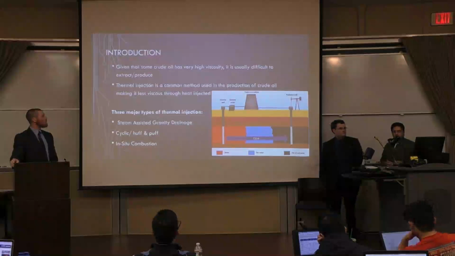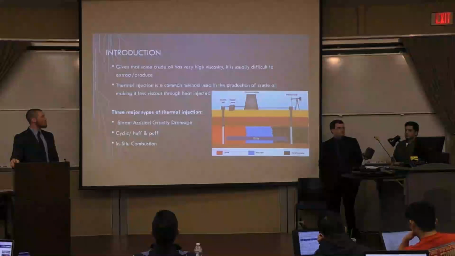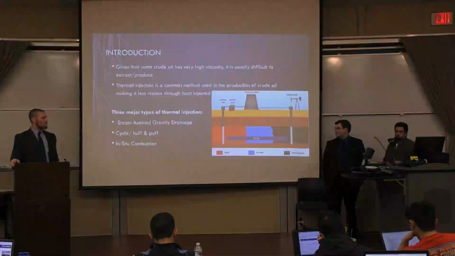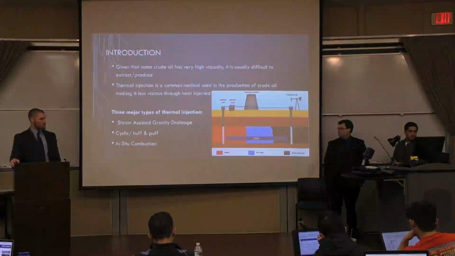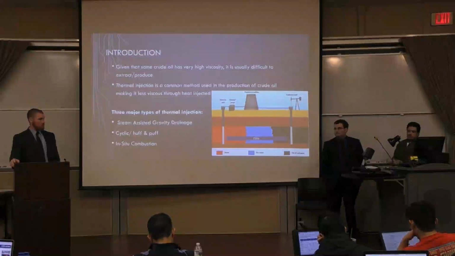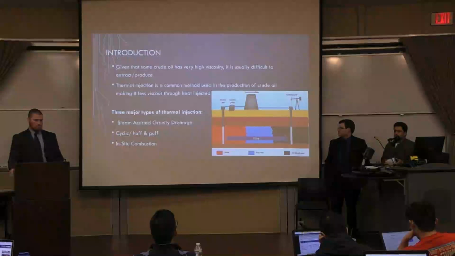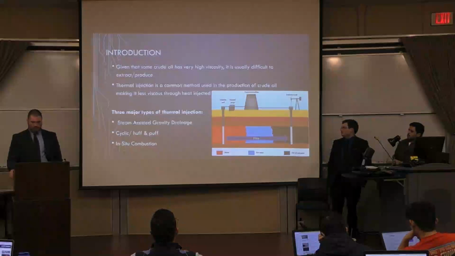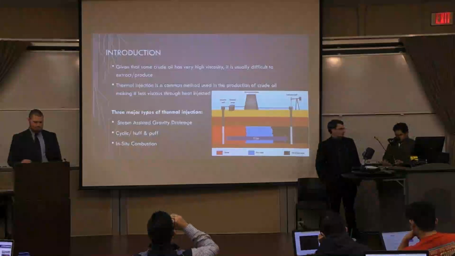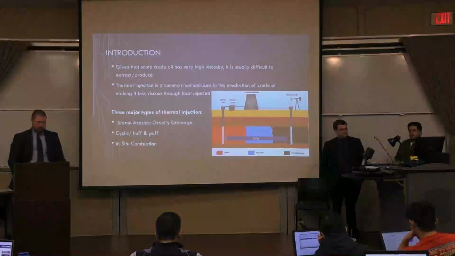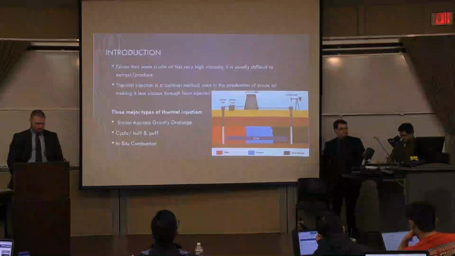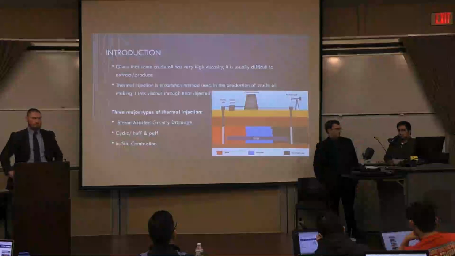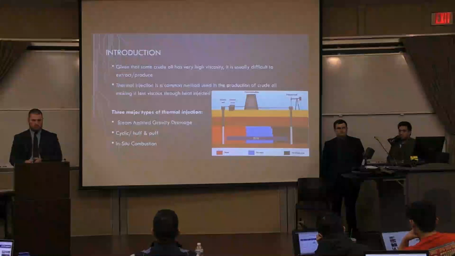So as petroleum engineers, everybody should know that crude oil or heavy oil is very difficult to produce, and thermal injection is a very common method that's used to produce heavy oil by making it less viscous, by injecting heat to raise the temperature and lighten up the fluid.